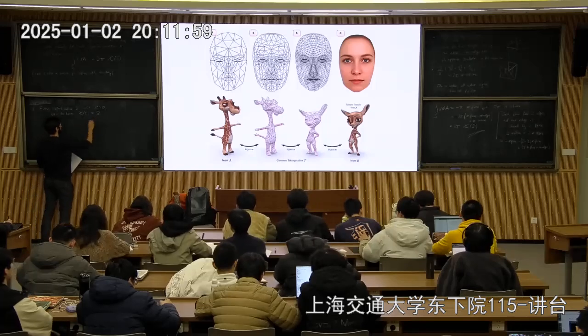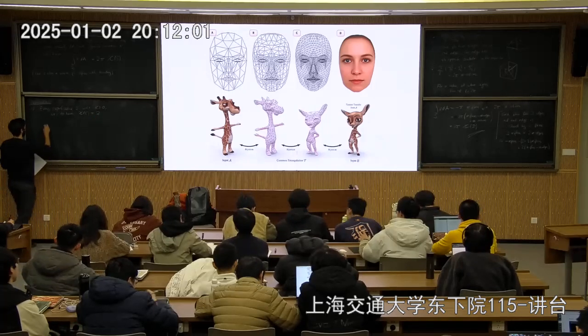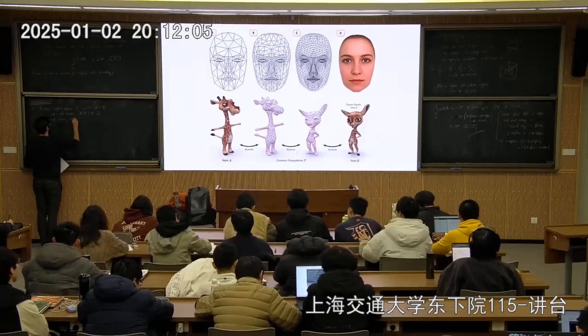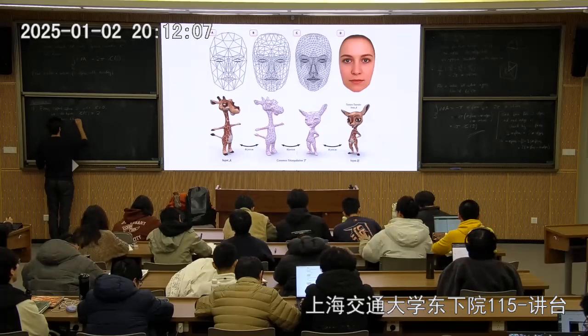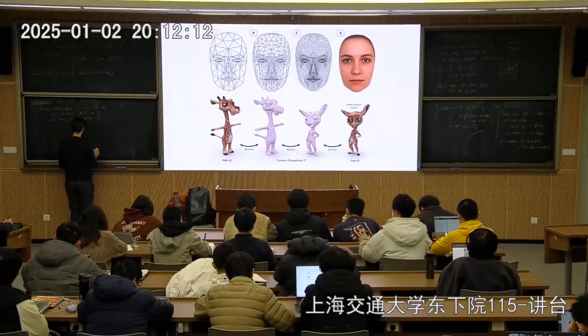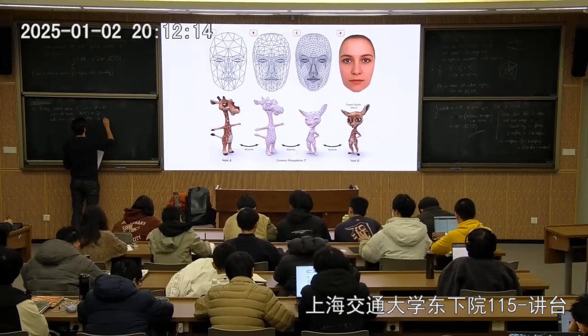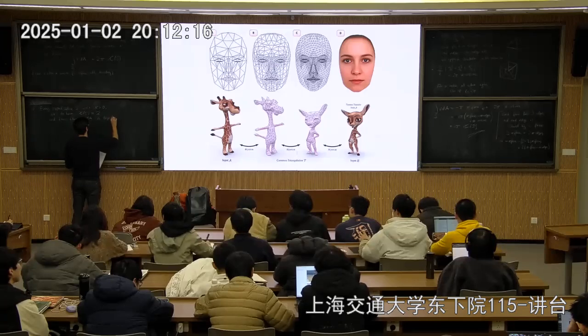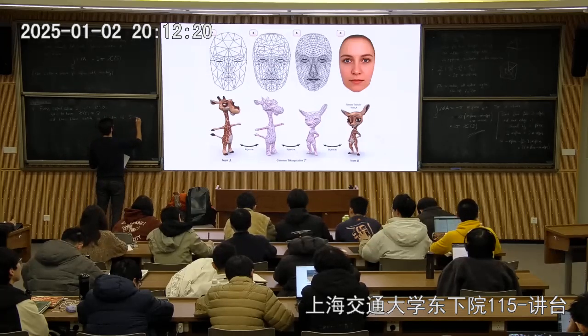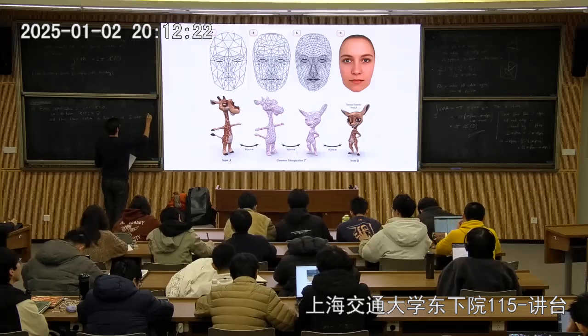And by the previous discussion, that means there exists a bijective map of S onto the sphere.